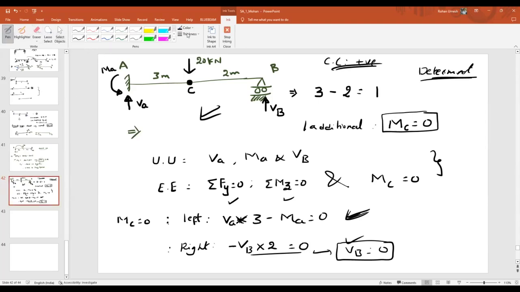Sir, how does the moment at point C come as an equilibrium equation? Sorry, I could not hear properly. Can you please type it?